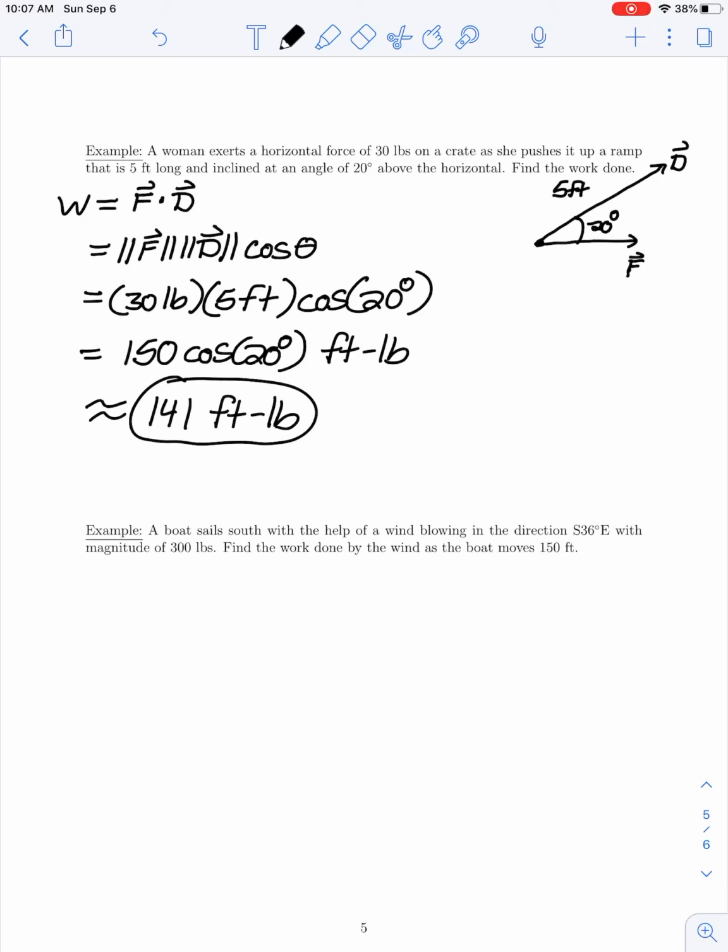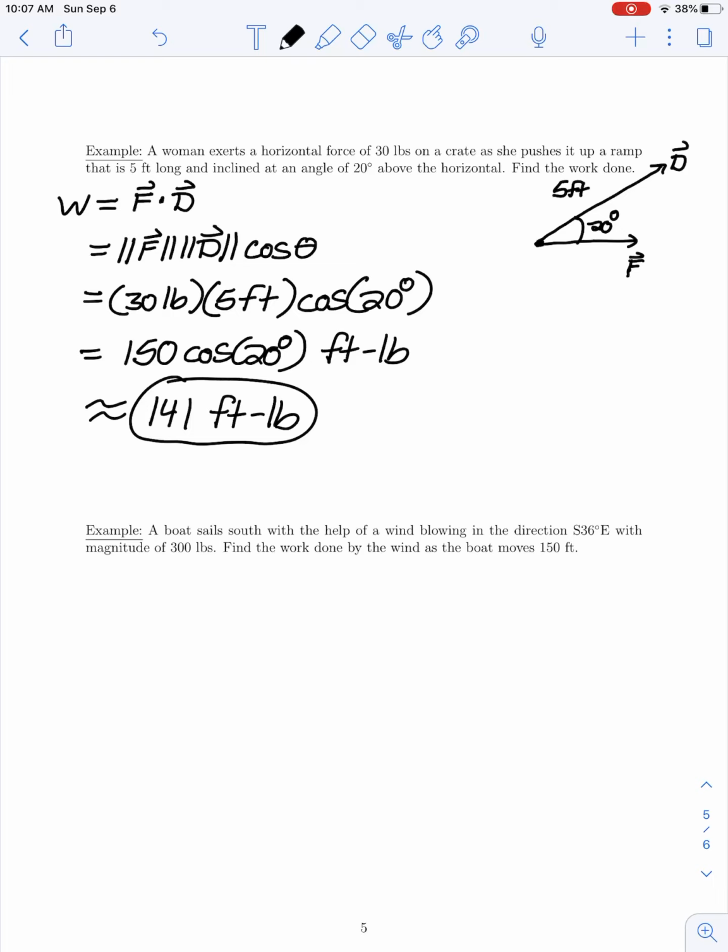Here we're told a boat is sailing south with the help of a wind blowing in the direction 36 degrees east of south with a magnitude of 300 pounds. And we're told to find the work done by the wind as this boat is moving a total of 150 feet.